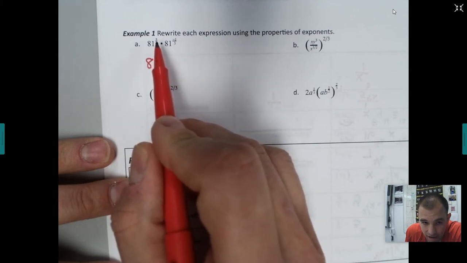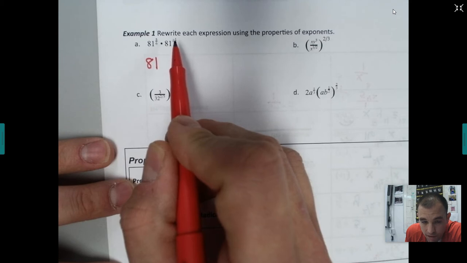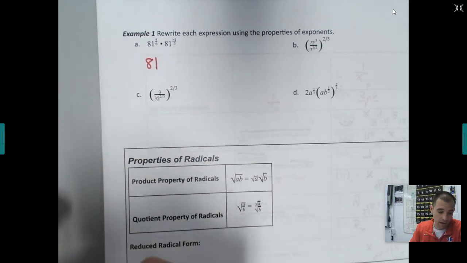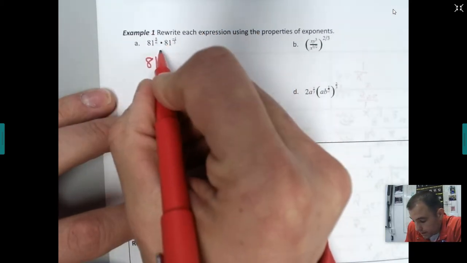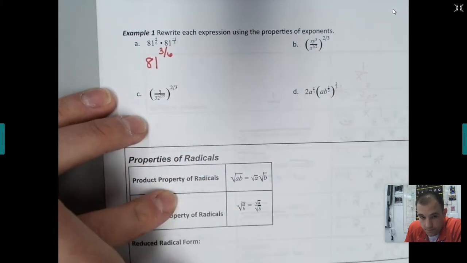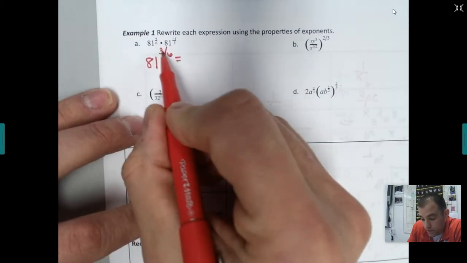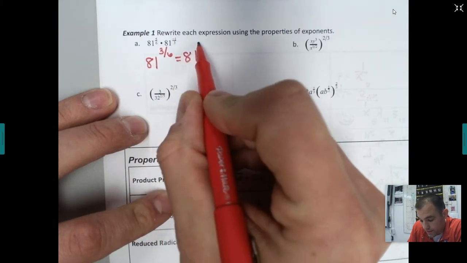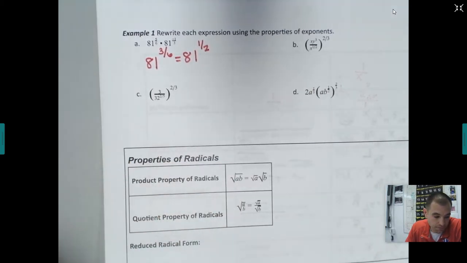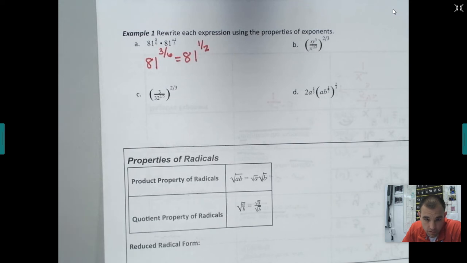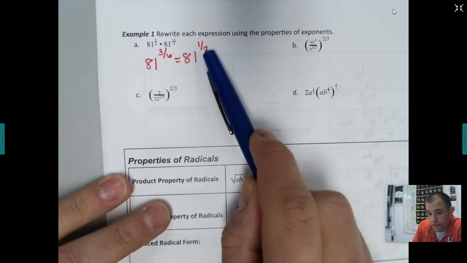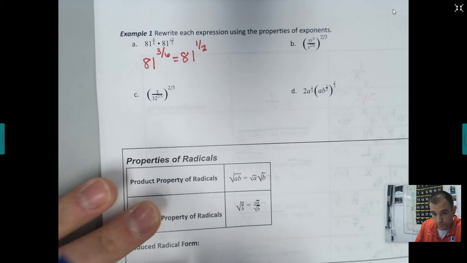So I'm going to add 5/6 plus negative 1/3. Okay, and if I add those together, I would get 3/6. So add the exponents together and I get 3/6. 3/6 is the same as 1/2. In last class, we talked about how you can rewrite a fraction exponent as a radical, right?